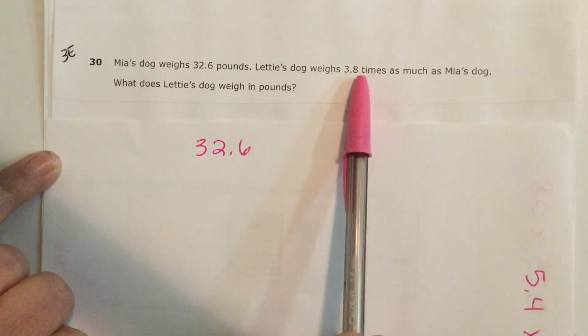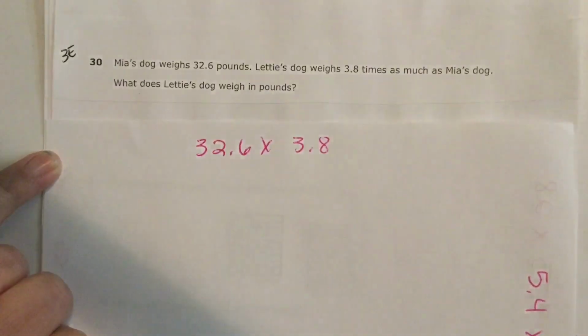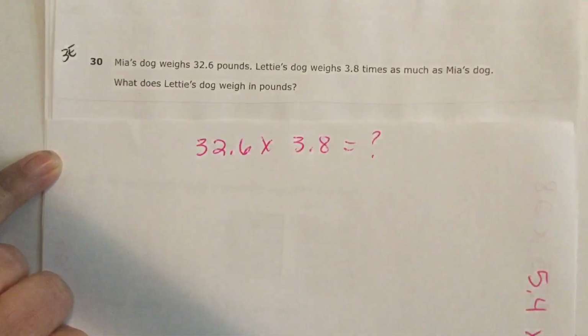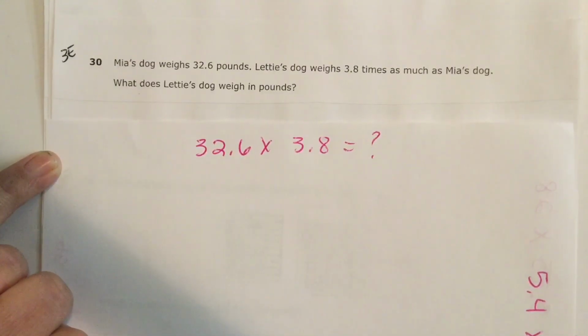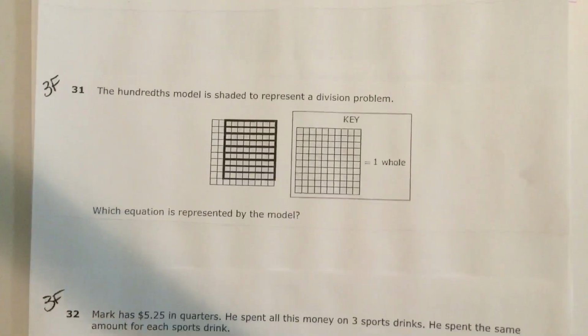There's your keyword, times. So times 3 8/10, because it said 3 8/10 times as much. That's your keyword. Okay, number 31.